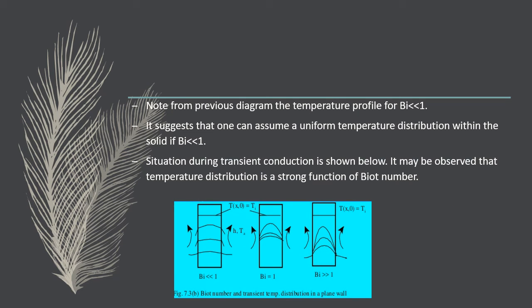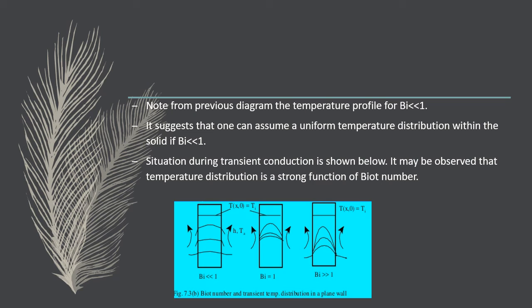From the previous diagram, consider the temperature profile for Bi very much less than 1. It suggests that one can assume a uniform temperature distribution within the solid if Bi is very much less than 1. The situation during transient conduction is shown below.